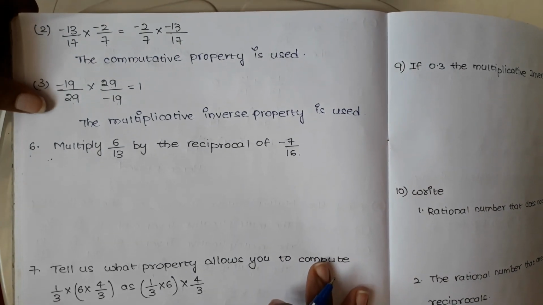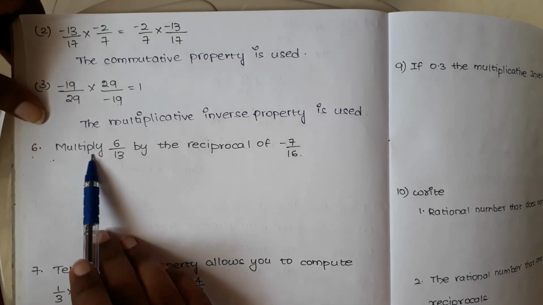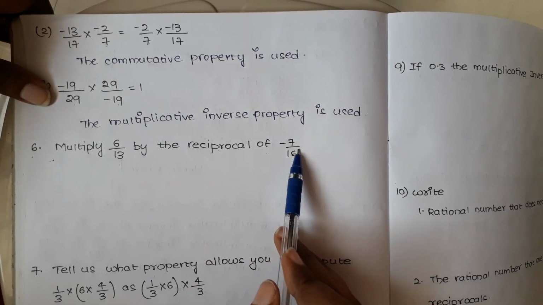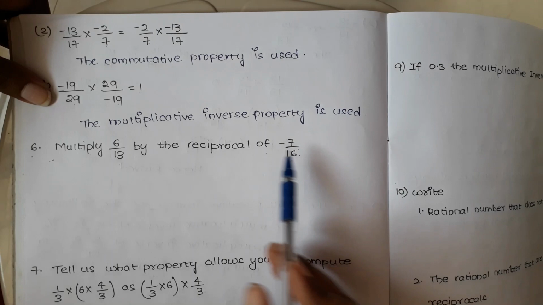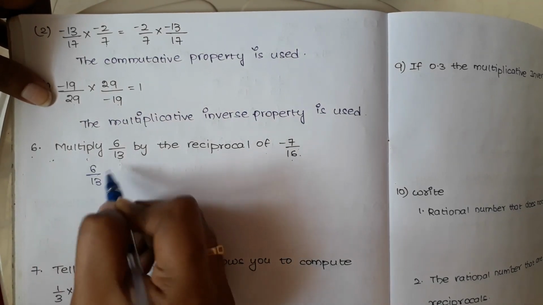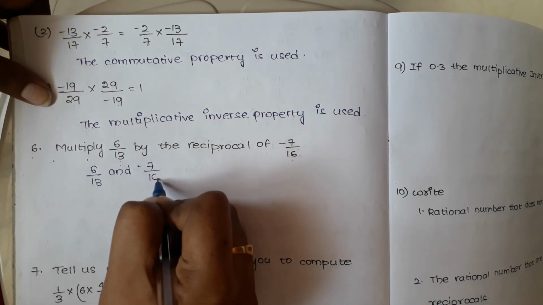Now next question, sixth problem: multiply 6 by 13 by the reciprocal of minus 7 by 16. Here the problem is given, that is 6 by 13 and minus 7 by 16.